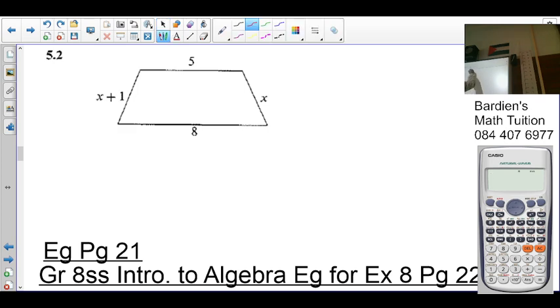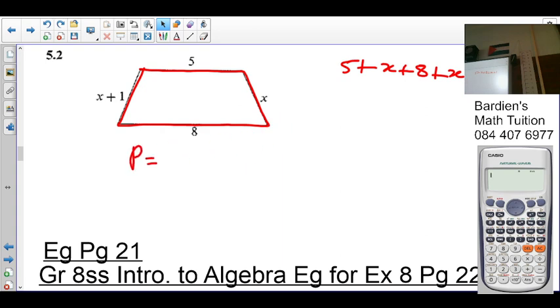So if we're looking at the perimeter, what is the perimeter? It's going to be the sum of that on the outside. But yes, it does look like a trapezium. So how do we start? Let's start with 5 plus x plus 8 plus x plus 1. You all agree with that?